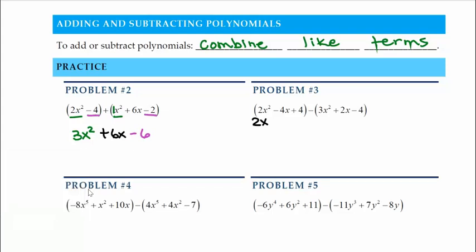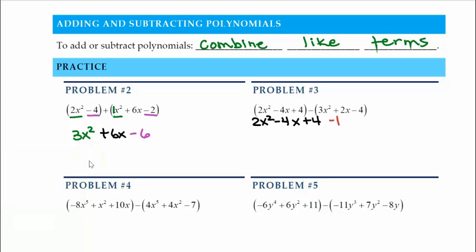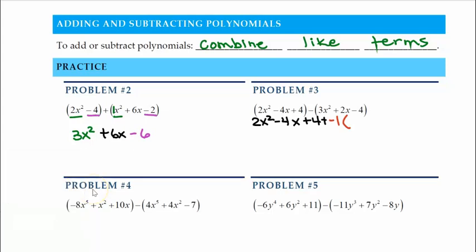So this first one, that's going to stay the same. But then here, it's like we have a -1 that needs to be distributed through that second set of parentheses. So we kind of have plus a -1 times our 3x squared plus 2x minus 4.